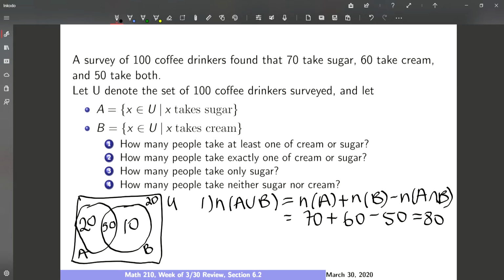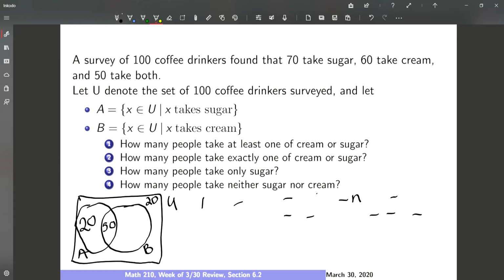But then if you're using the Venn diagram in the first place, you'd say, oh, number of people in A or B, well, A or B is this over here, right? So if that's A or B, all you have to do is just add up the numbers. You just add up 20, 50, and 10, right? This is assuming that you've done this correctly initially, but there you go. That's still 80. So that's another way to do that. All right, so that answers question 1.